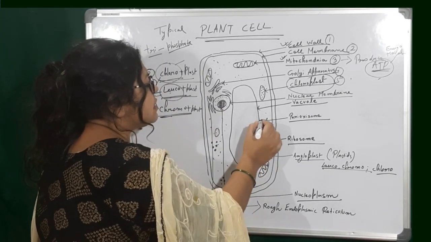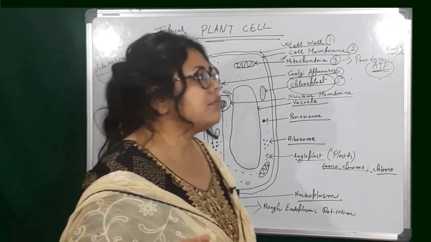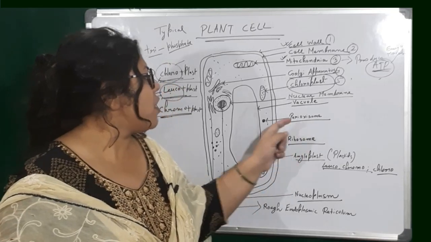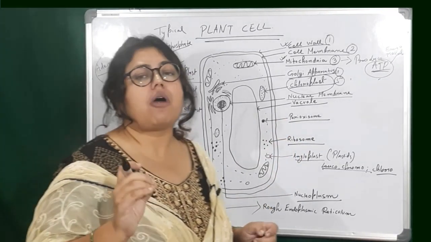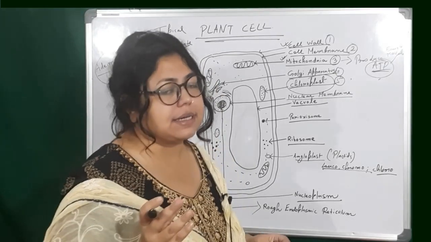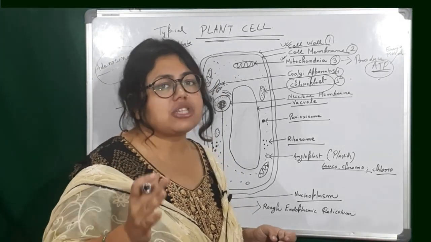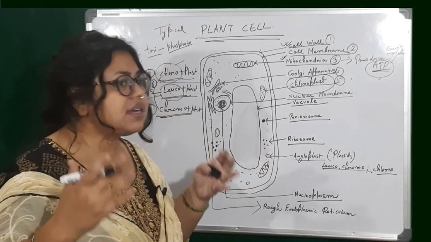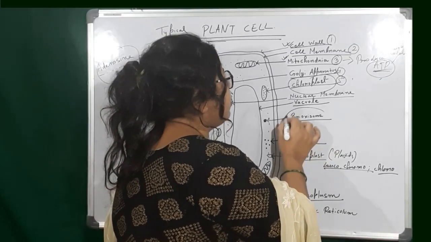Next one is this small structure which is called the peroxisome. Sometimes you will find this, so they tell you to mark it. The peroxisome is another structure which is responsible for producing oxidative radicals, or in case of oxidative reactions. It actually helps in secretion of the oxidative materials and helps in carrying out the oxidative reactions.